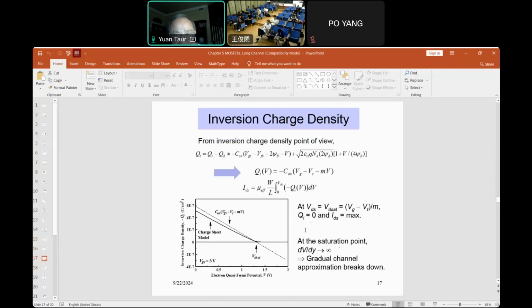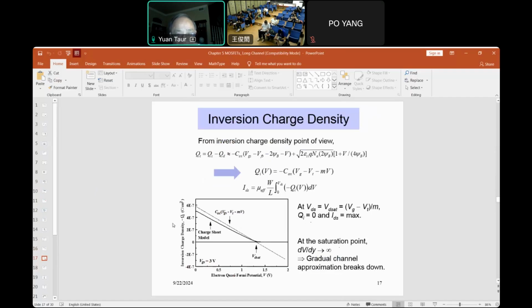But from current continuity, Qi times v is constant because the current has to flow. So if Qi equal to 0, that means the velocity has to be infinity, which means the field has to be infinity. So once you are at the saturation point, the gradual channel approximation will break down.